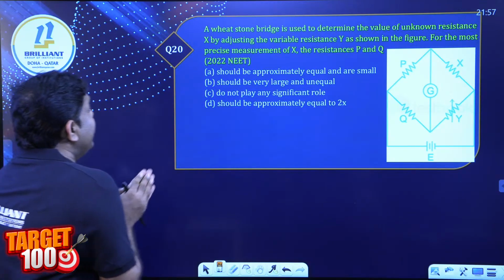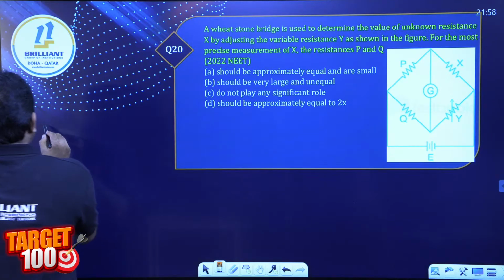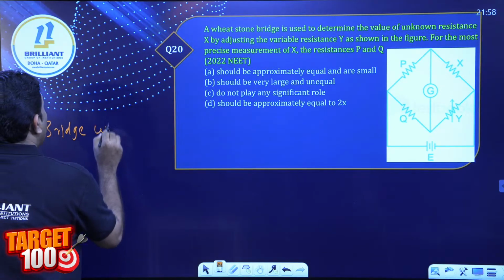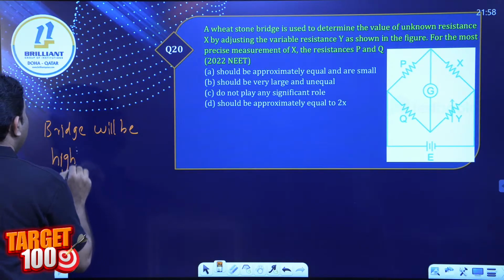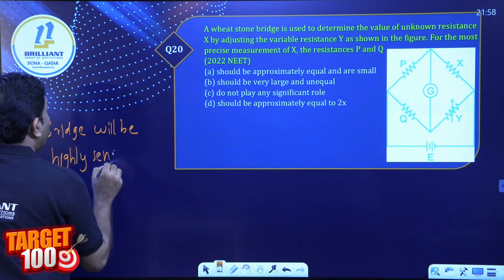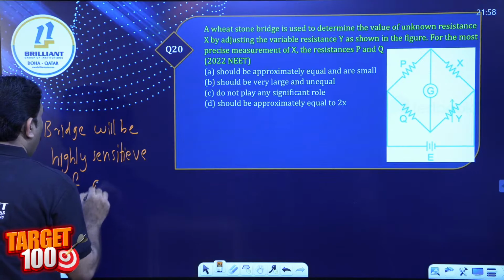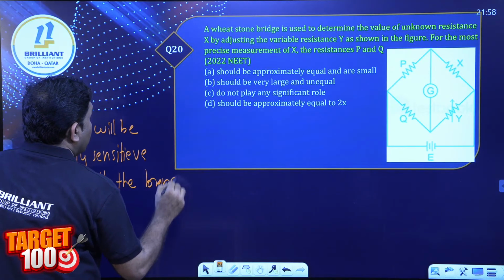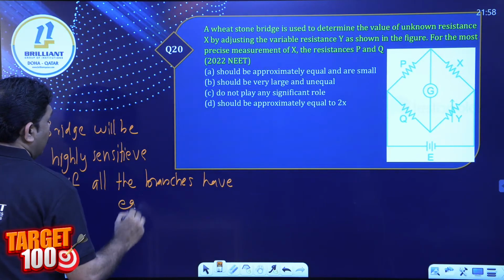Here we studied one important point for the Wheatstone bridge. The bridge will be highly sensitive if all the branches have equal resistance.